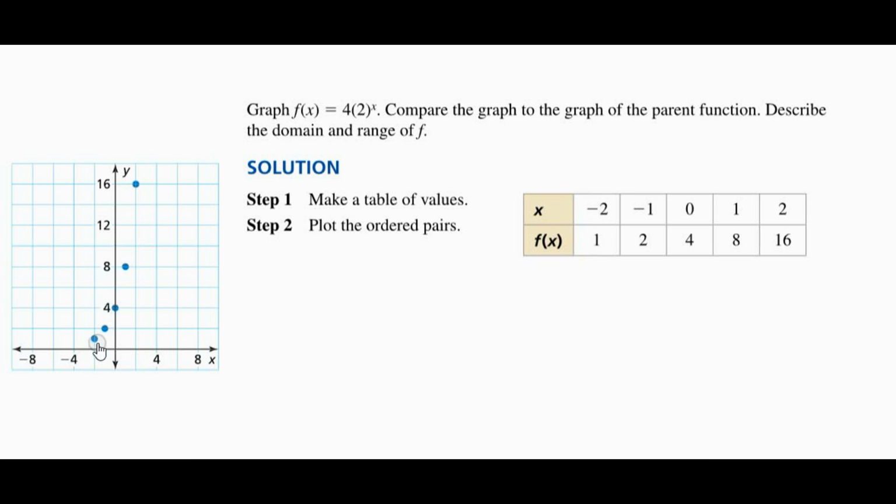The second step is to plot those pairs. We have x of -2 right here, and y is 1. We have x is -1, y is 2. We have x is 0, y is 4. For those of you in Integrated 1, that's the y-intercept that we've been looking at with linear equations.